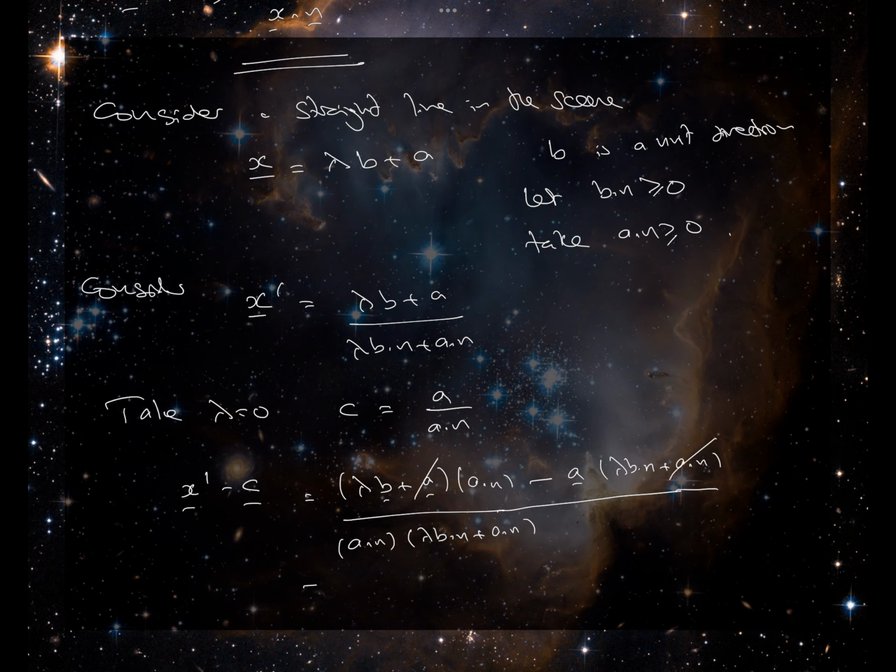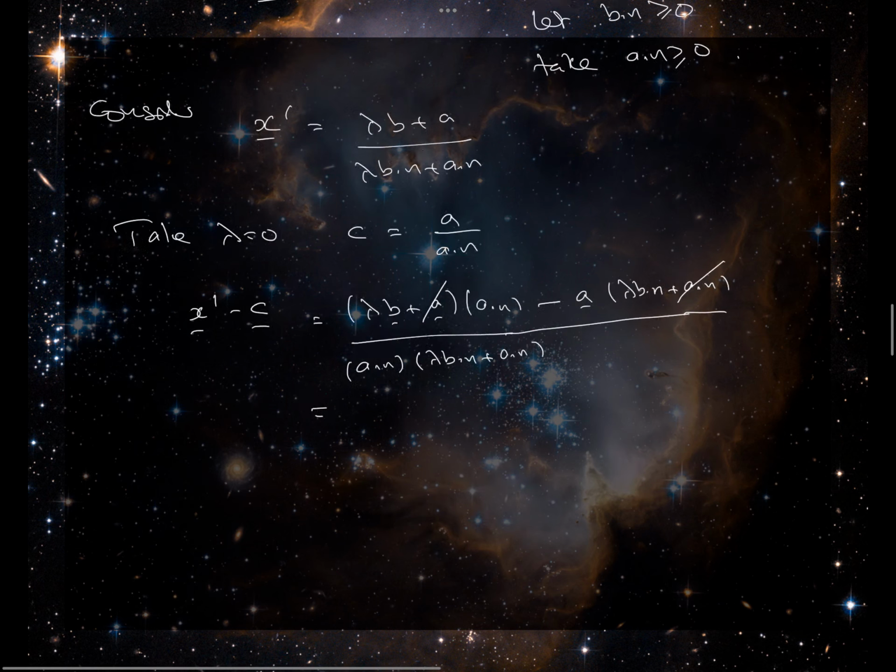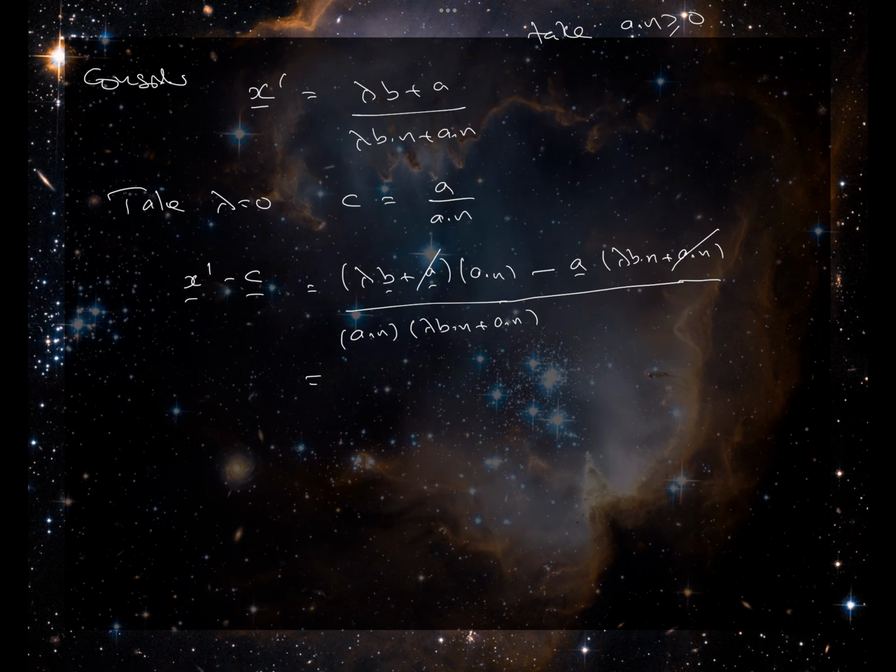And so that's equal to theta times b a dot n minus a b dot n, where theta is lambda over a dot n, lambda b dot n plus a dot n, which is a scalar.